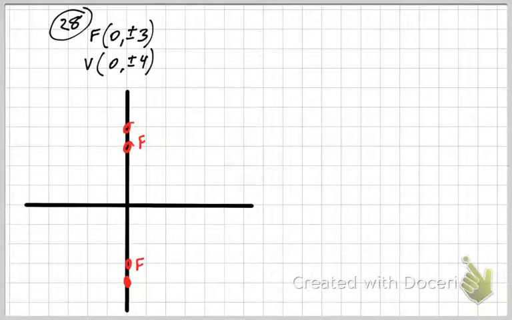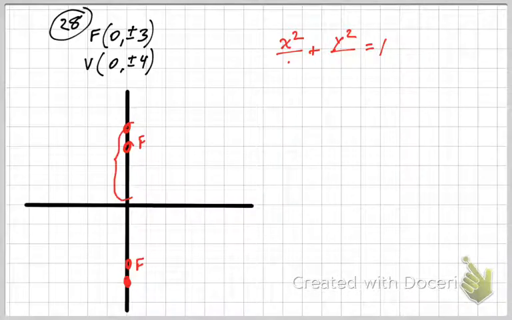So, is it longer vertically or longer horizontally? So that means the y squared has to come first. Do you agree in the y direction we went 3? So that would be 3 squared.